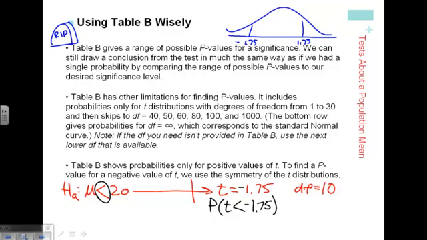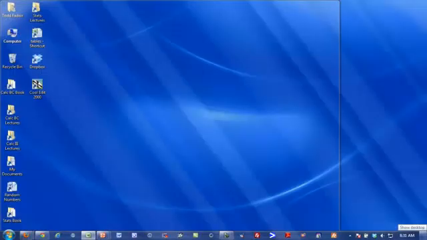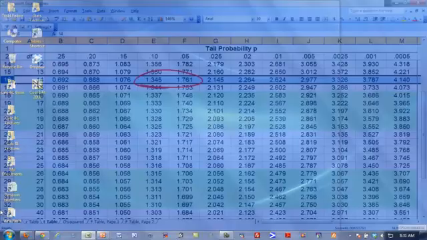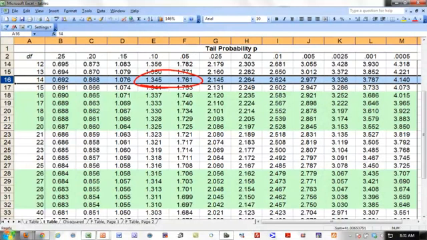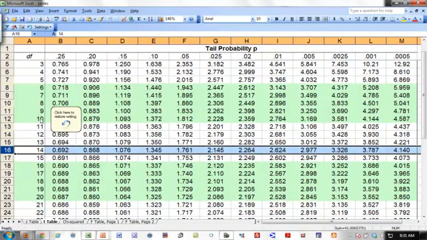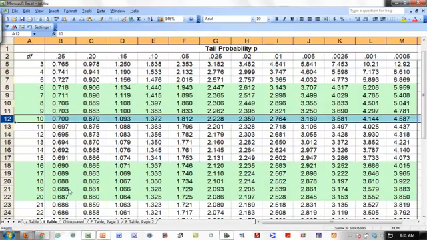What do you got? Nope. How about I pull up on my big screen? There we go. So 10 degrees of freedom. And I'm looking for what? 1.75.